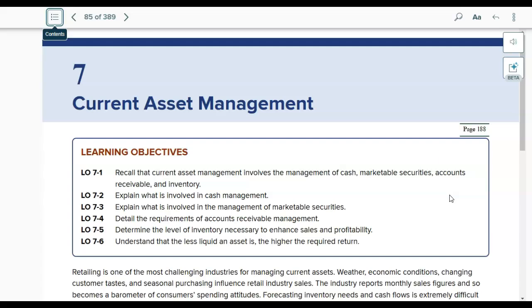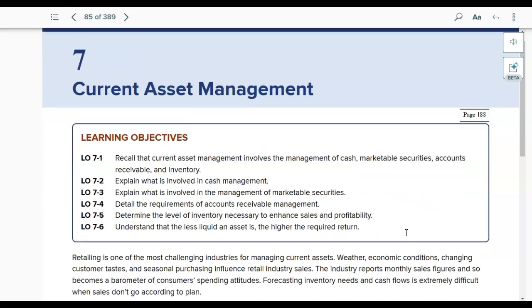You want to be able to understand that the less liquid an asset is, the higher the required return. That makes sense, because the less liquid it is, the harder it is to liquidate, the less valuable it is, and it requires a higher rate of return.